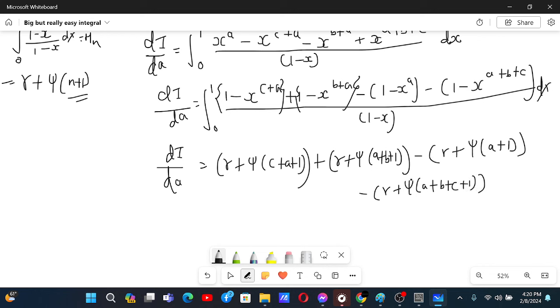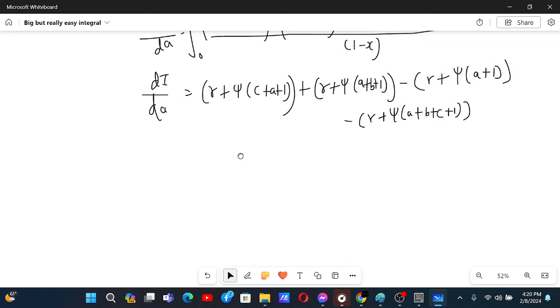And now what can we do? We can basically cancel the Euler-Mascheroni constants.